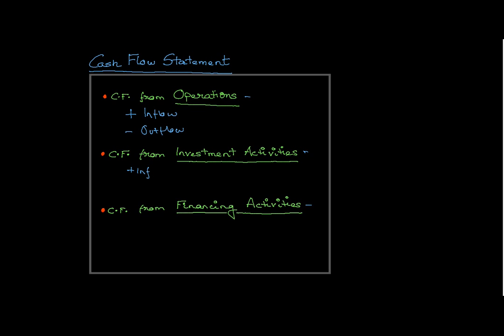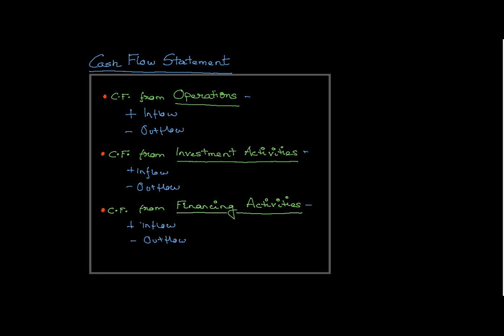It shows the plus value, that means how much cash came in from the investment activities and how much cash went out from the investment activities. Same story with the financing activities, which show how much money came in via the financing activities and how much cash went out.